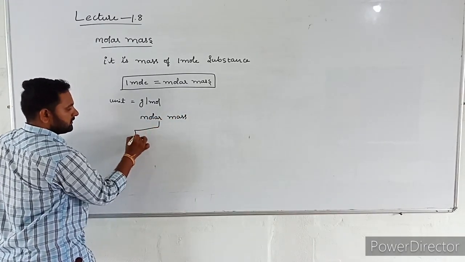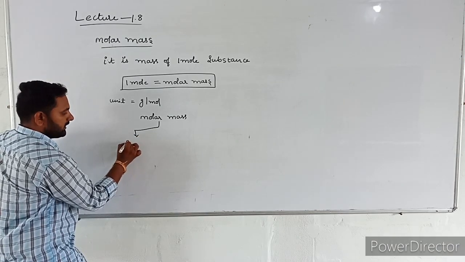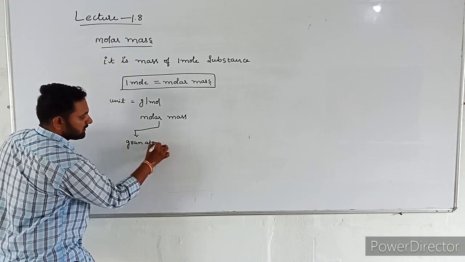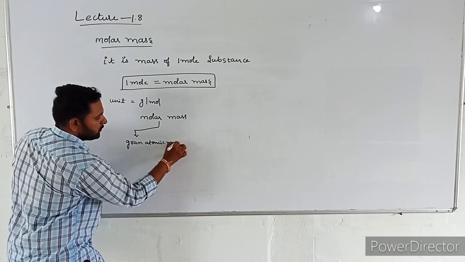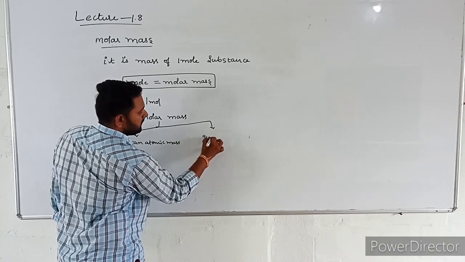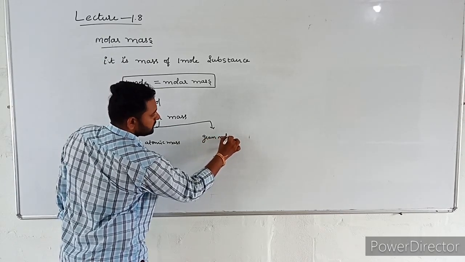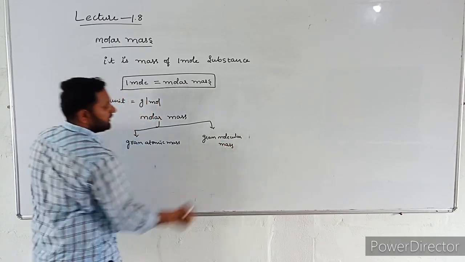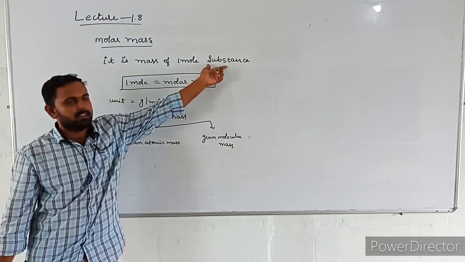It is also called gram atomic mass. Molar mass is also called gram molecular mass. It depends upon the nature of the substance.